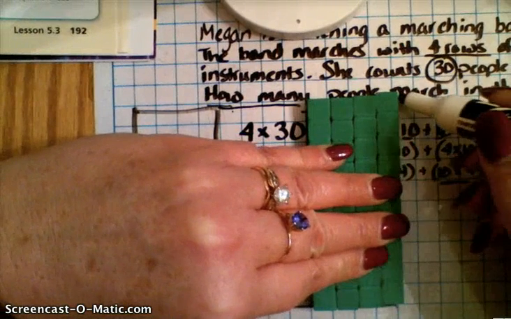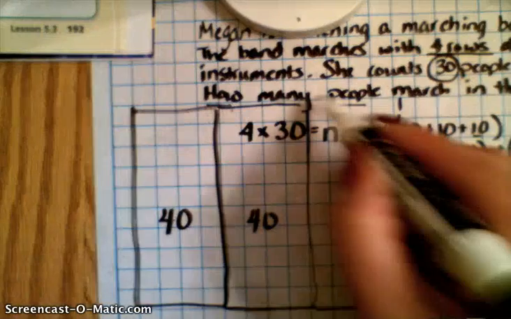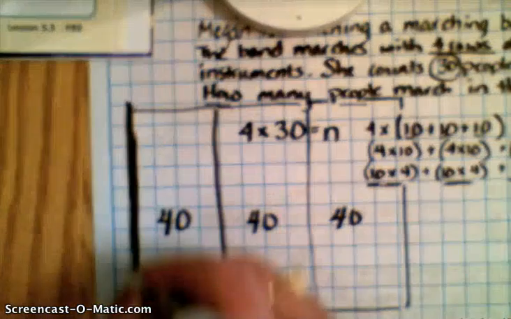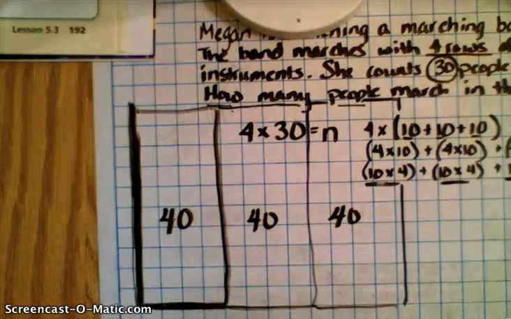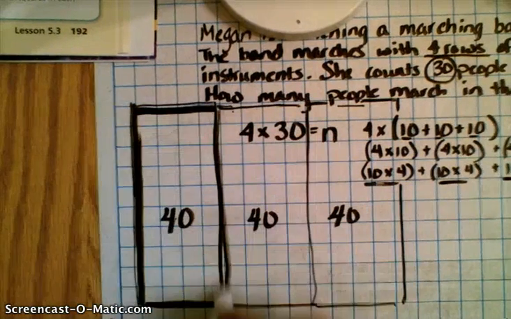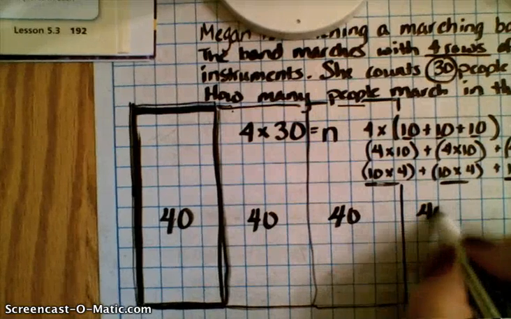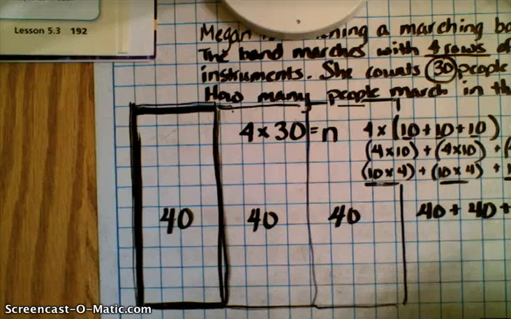And I'm just going to go around my number sentences here. Okay, so my area model looks like this. 10 rows of 4. And I did it 3 times. Okay, so I have 40 plus 40 plus 40.